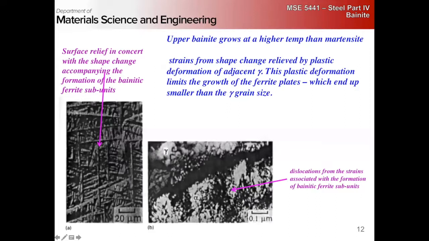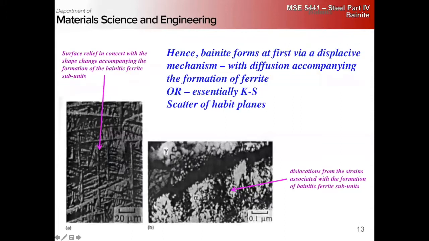So here's some old TEM images, and you can see the large dislocation density that forms, right, that's associated with the formation of this bainite ferrite subunits, right? So bainite first forms via displacive mechanism, right?